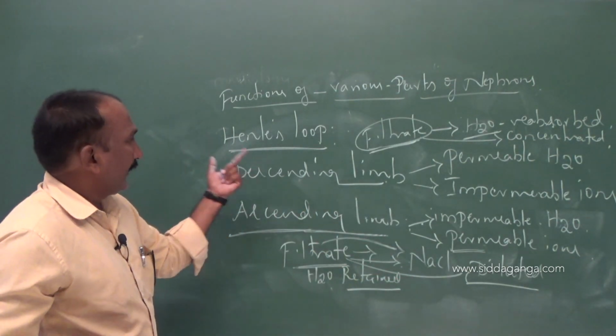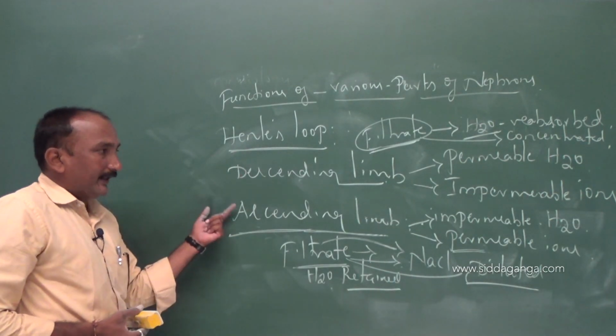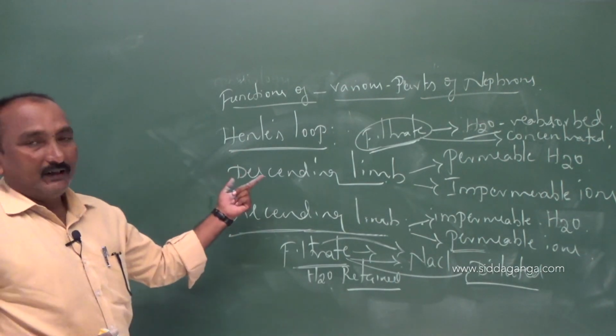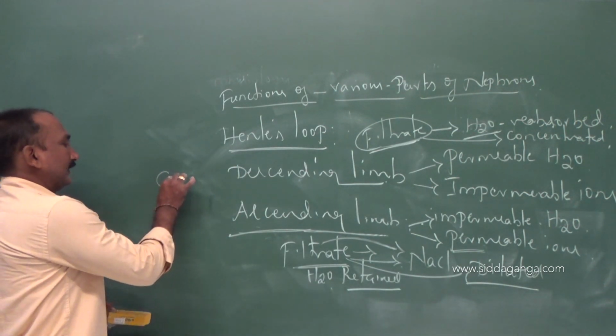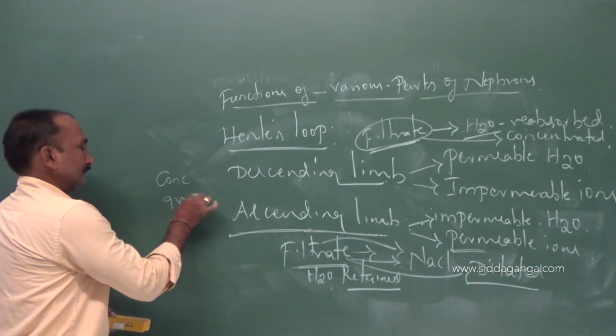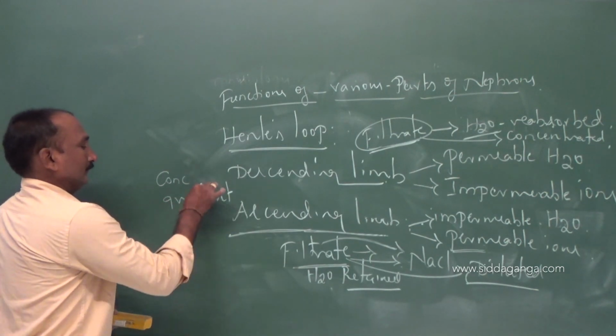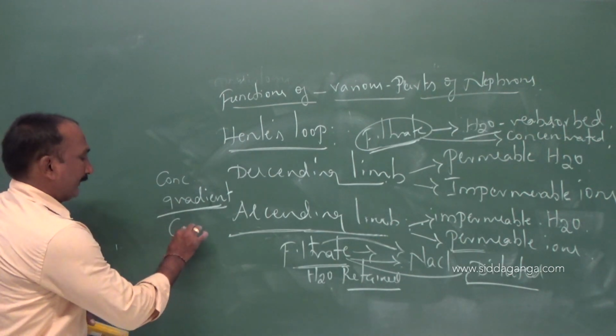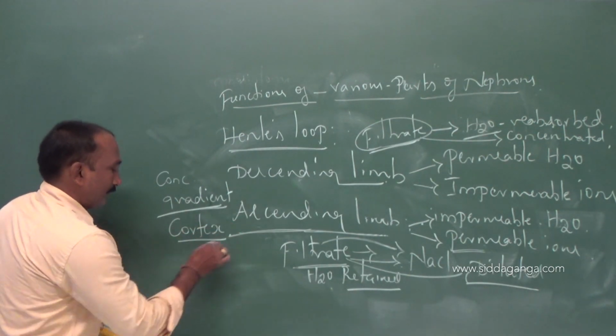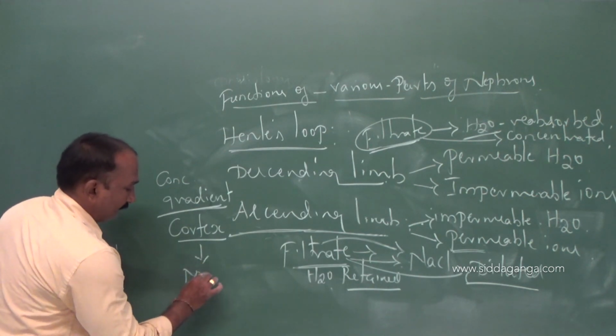This Henle loop is mainly important in maintenance of the concentration gradient, that is from cortex to the inner medulla.